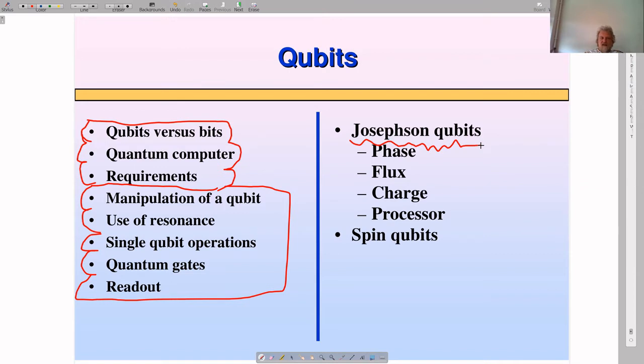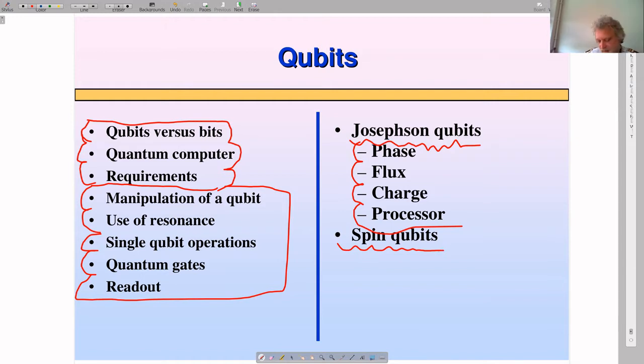Eventually, that's a goal of physics, at least of technical physics, which you study. I will talk about realization of the qubits. And if time allows, I will mention spin qubits, which are also popular in Delft.